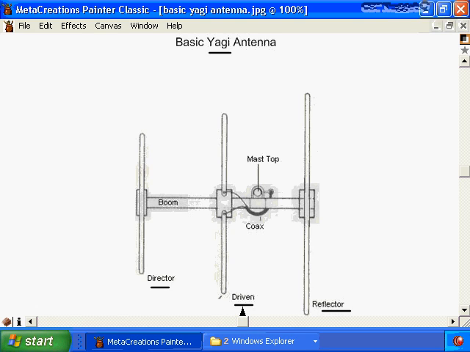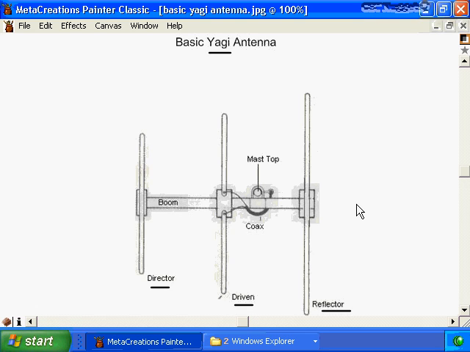In contrast, the two outer elements, which are also referred to as parasitic elements, work with the radio frequency that is being driven by the dipole antenna. So, for example, the reflector element reflects the radio frequency energy. In contrast, the director element directs the radio frequency energy.